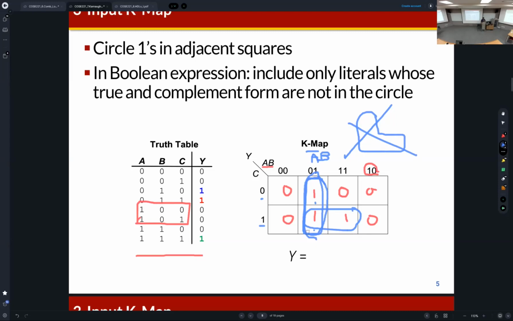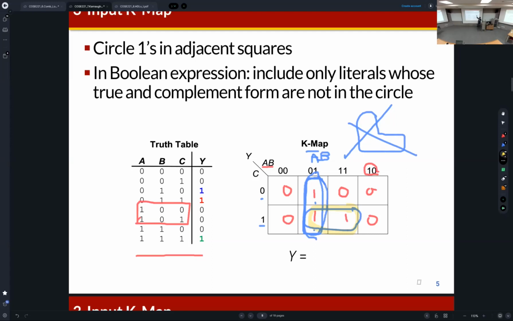And then also, let's focus on this group. So actually this is easy, but let's focus on this group. What can you observe? In this group, actually the C is 1, right? And this group includes all possible values of A, right? A is 0 and A is 1.